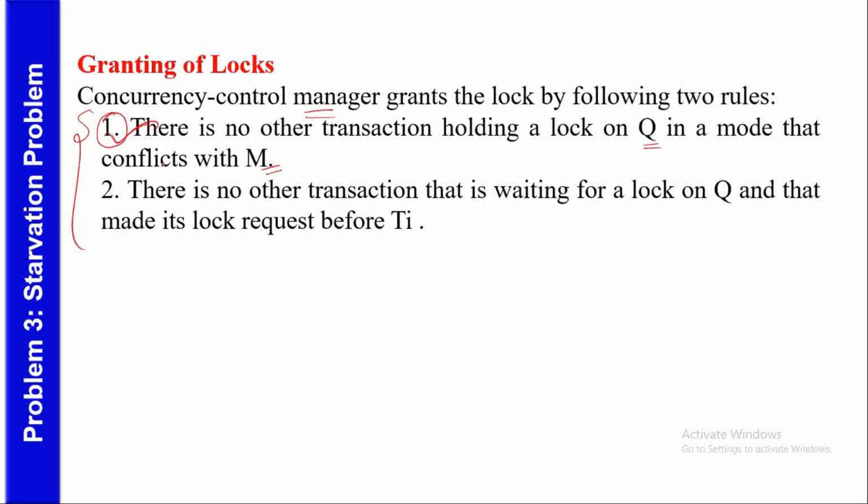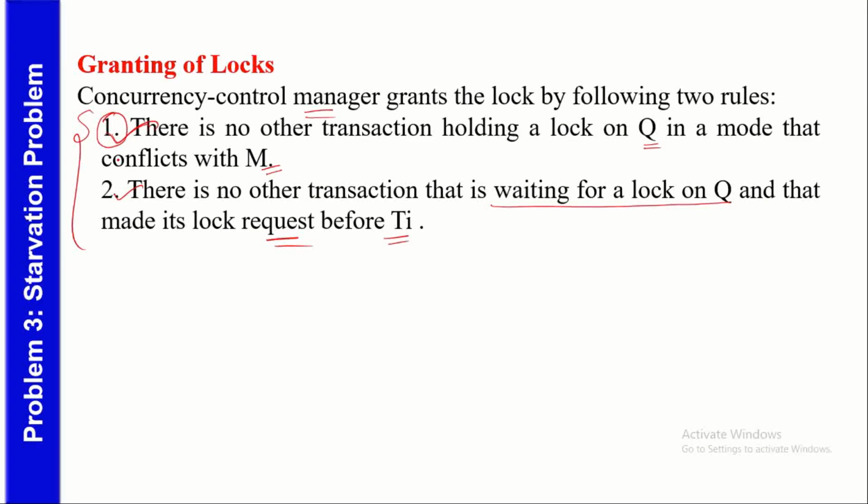But in addition to this, the concurrency control manager also has to ensure one more thing. There is no other transaction that is waiting for a lock on the queue and that made its lock request before Ti. Only if no other transaction is waiting for the lock on the queue can the lock request be granted.